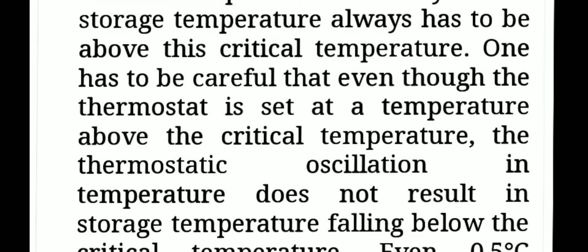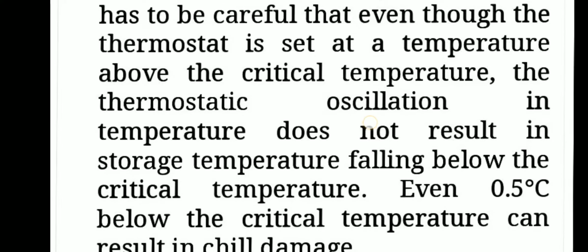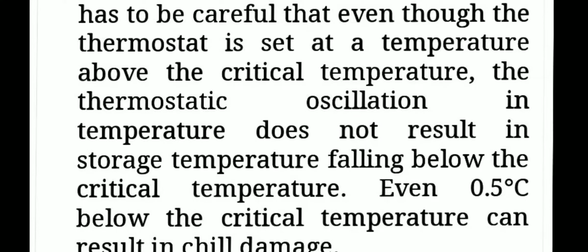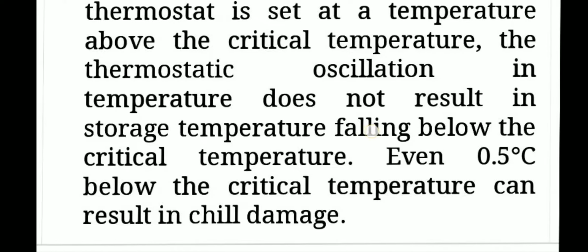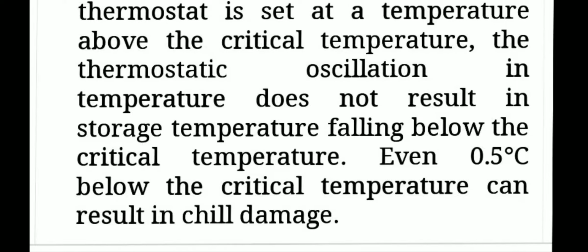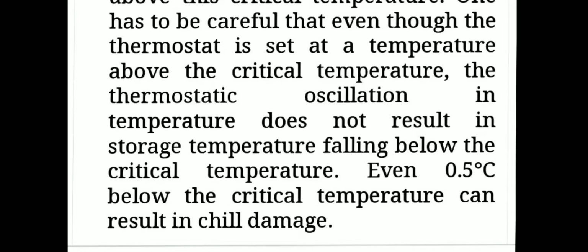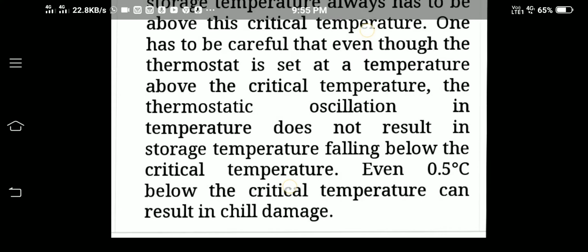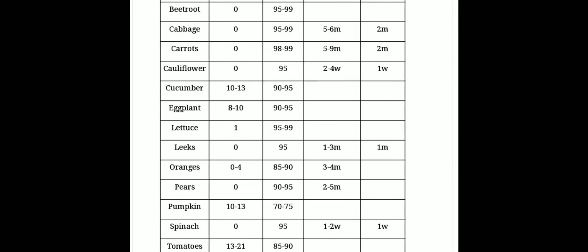This is a very careful step that has to be taken, and the thermostat regulates the temperature in the cold store. Even 0.5 degrees centigrade below the critical temperature can result in chill damage. So it is very important to maintain the temperature above the critical temperature.